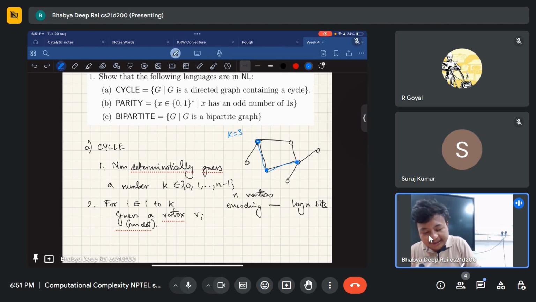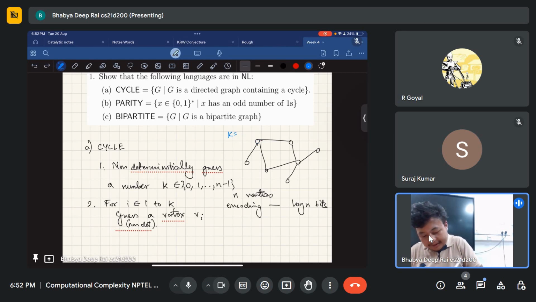So if I use k equals 3, then I'll guess paths of length 3. It may or may not form a path. That I can check by looking at the adjacency matrix. But if I choose k equals 3 and I don't have a cycle of size 3, then of course I won't get any cycle.